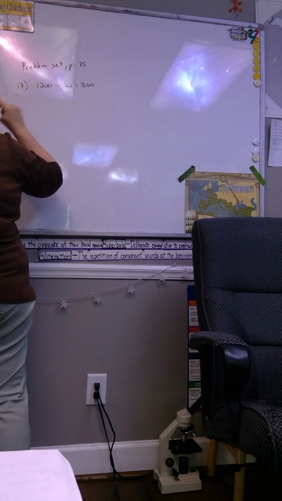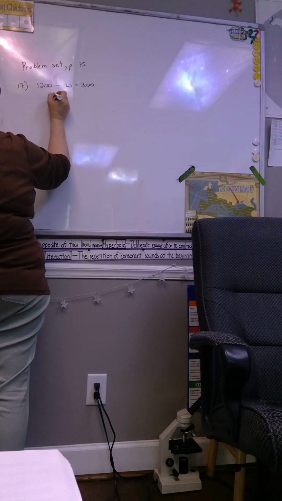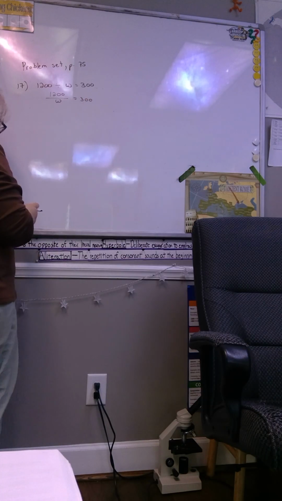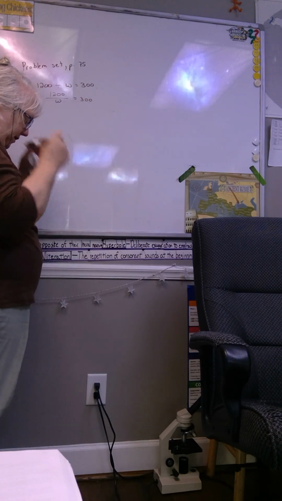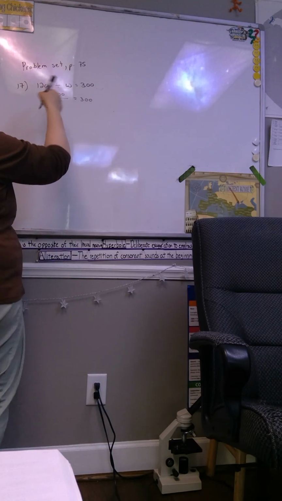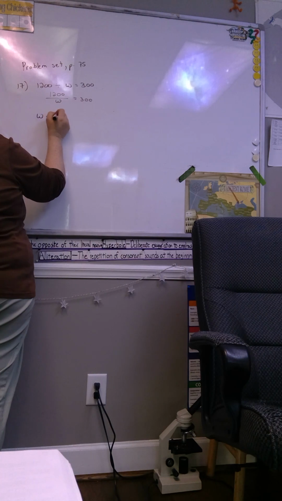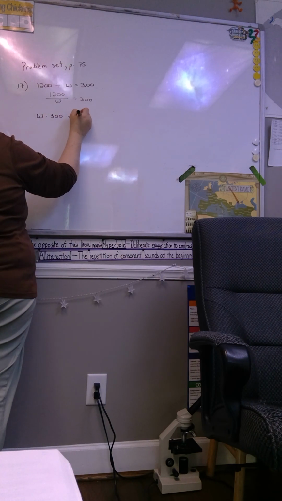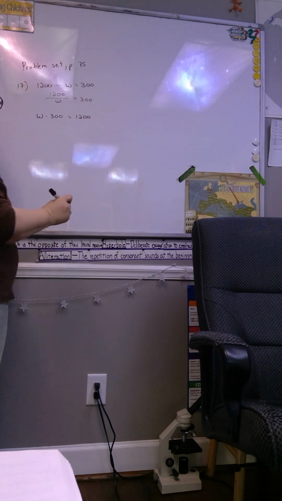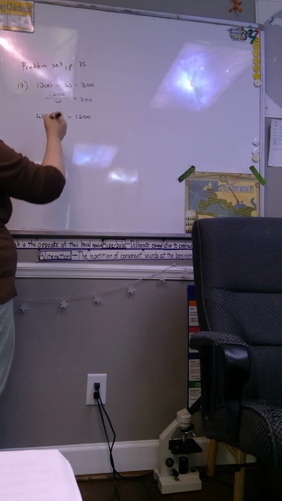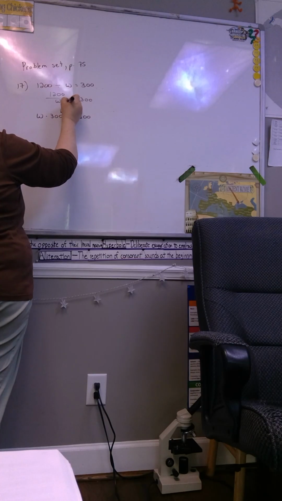Okay, I'm going to write it a different way. This is 1,200 divided by W equals 300. So what this really means is that W times 300 equals 1,200. Does that make sense? These two things mean the same thing.